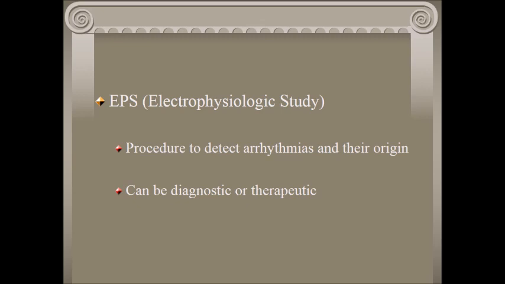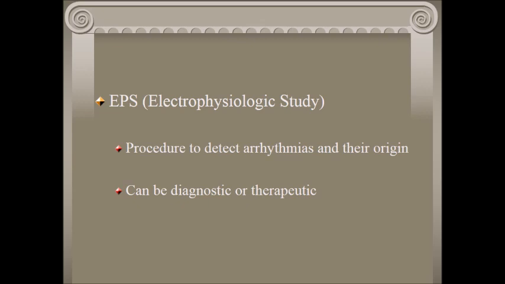It actually can reproduce that arrhythmia in the lab. It can also be used to analyze components of the electrical system to really look at the conduction pathway. It can be used to identify sites of ectopic stimulation.